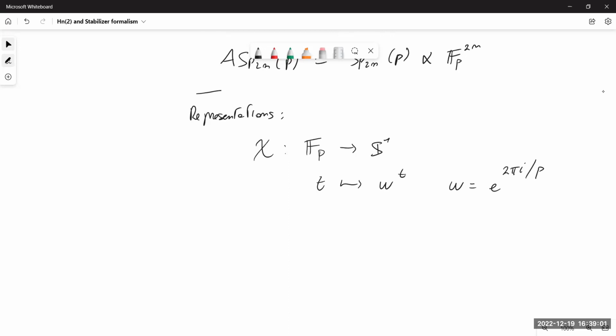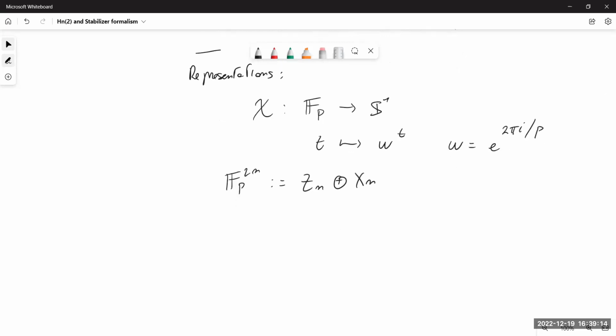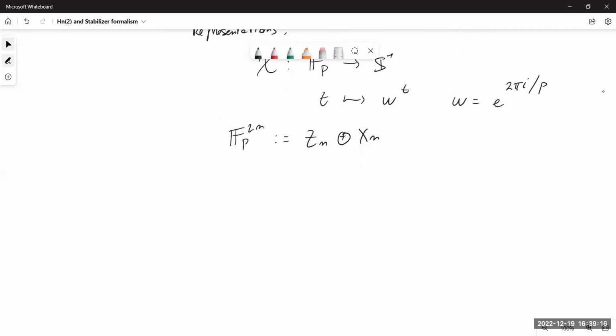And if we introduce a polarization of the group, so we just write the phase space as a Z component plus an X component, then we can define the operators W associated to such a character.